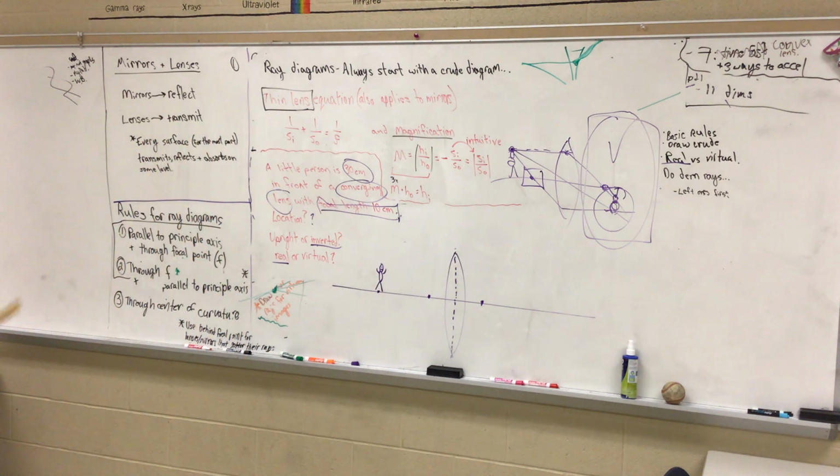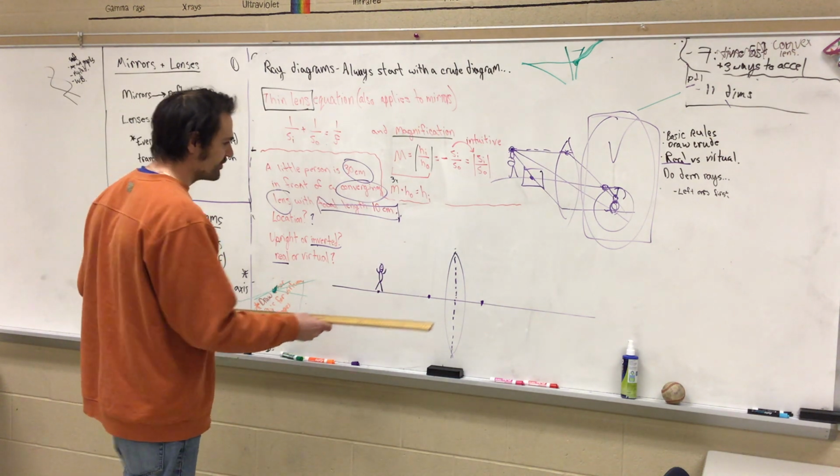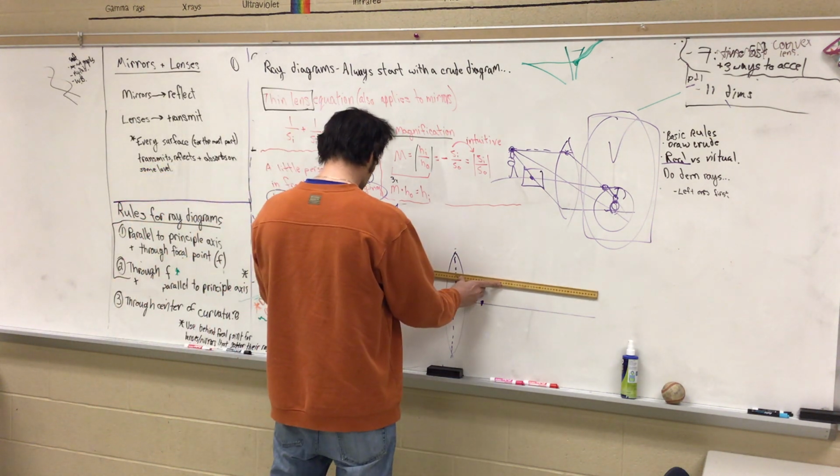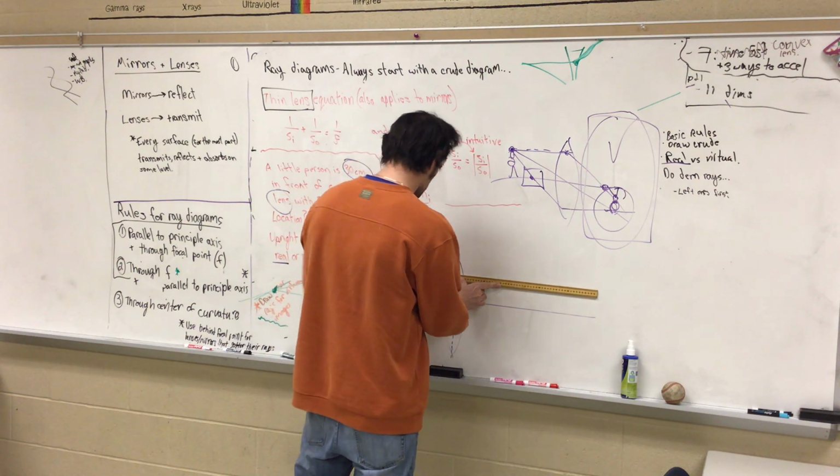So let's follow our 3 rules. Parallel to principal axis and then through the focal point on the other side. So parallel to the principal axis and then through the focal point.